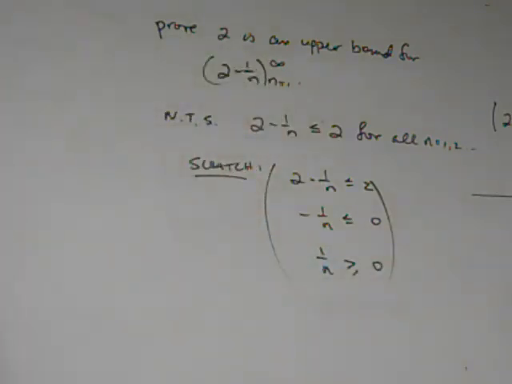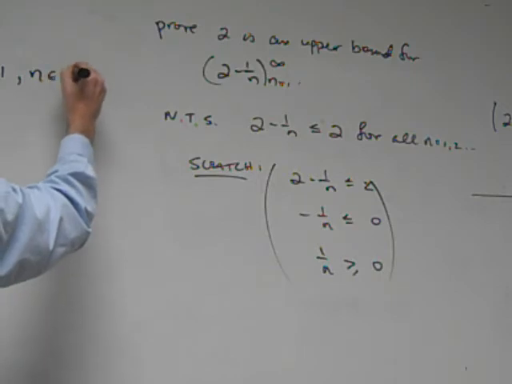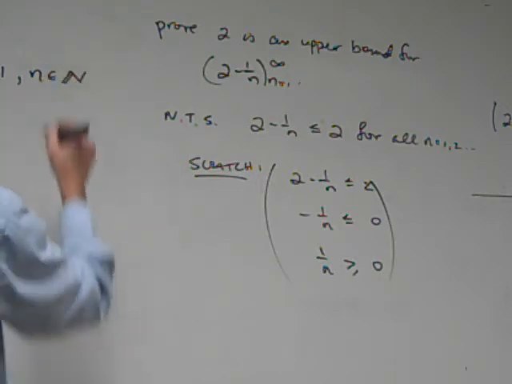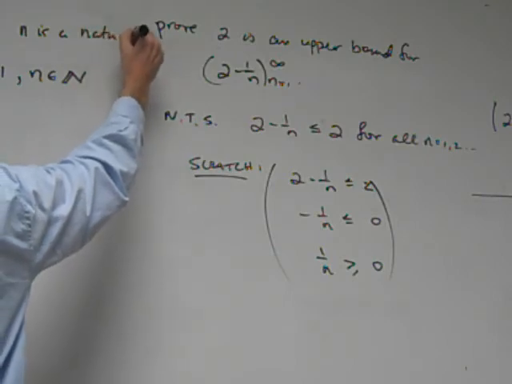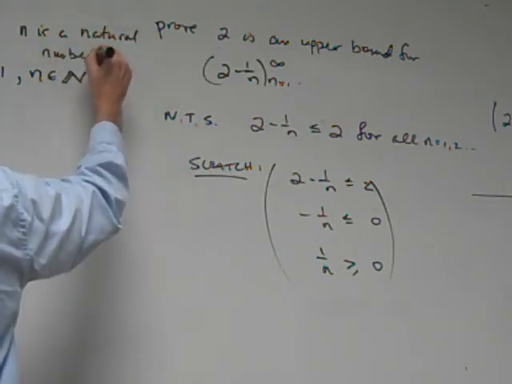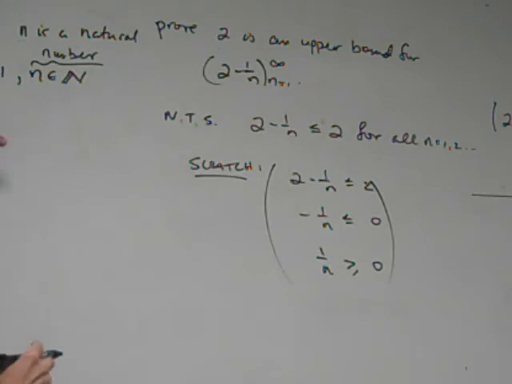Proof. Let n be greater than or equal to 1. This means n is a natural number. So let it be a natural number bigger than or equal to 1. Then 1 over n is greater than or equal to 0. So negative 1 over n is less than or equal to 0.